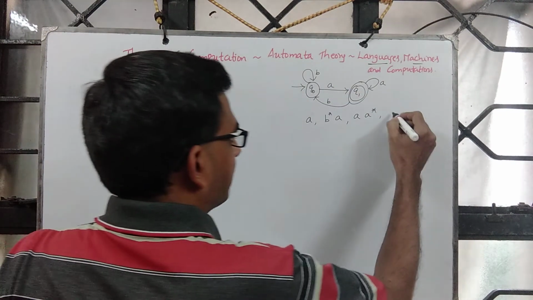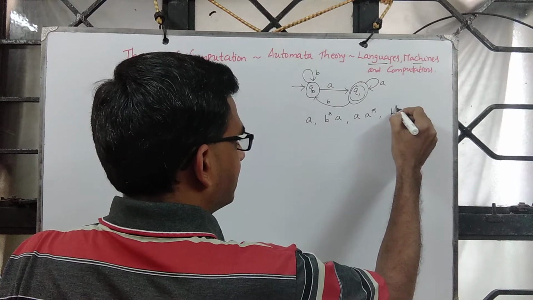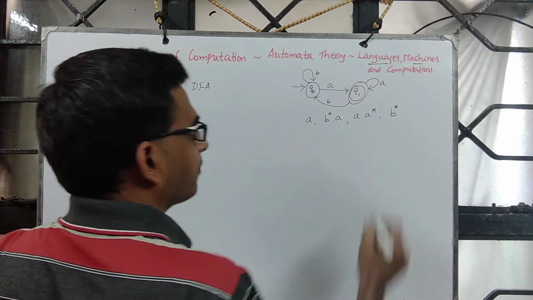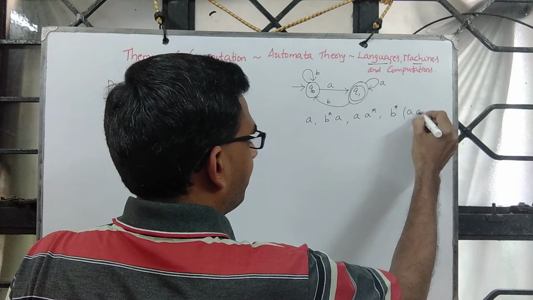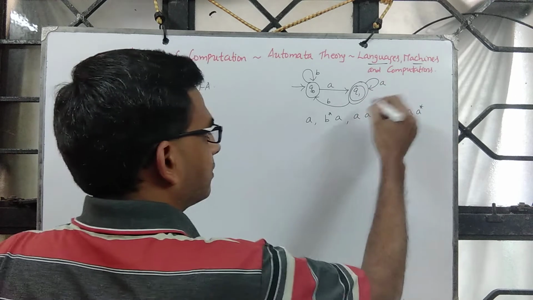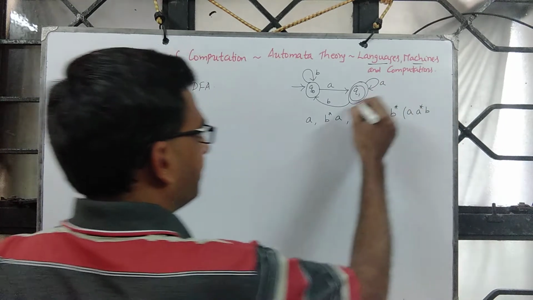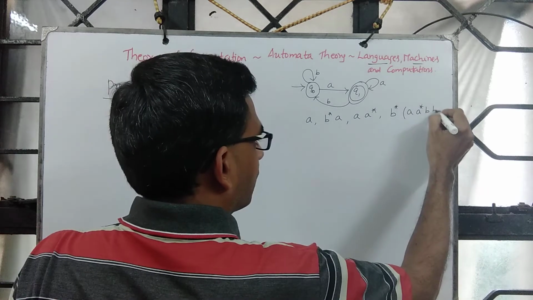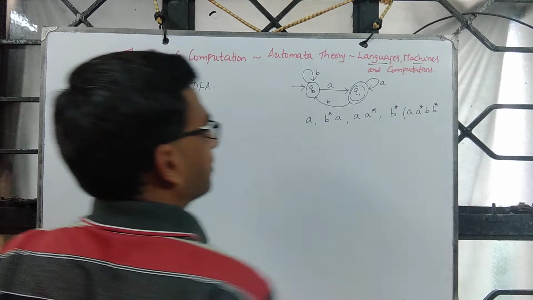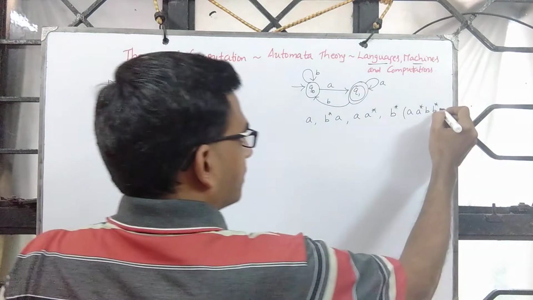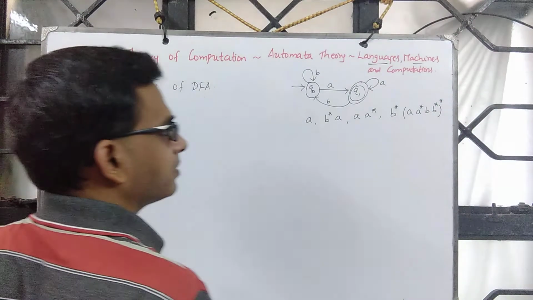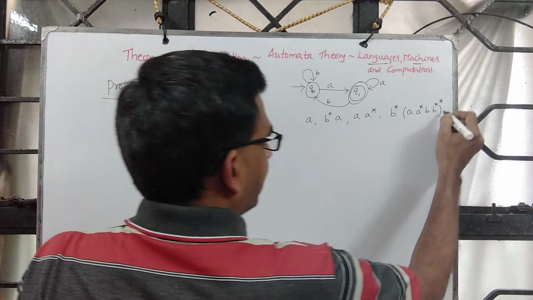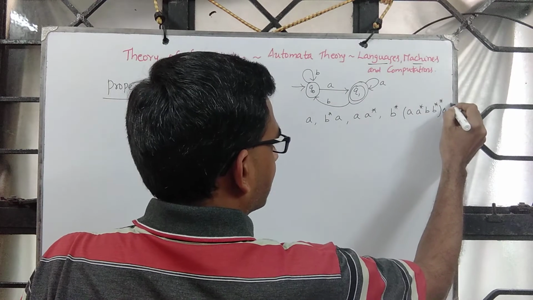or it may so happen that it reads B star, and this pattern can repeat: A star followed by B and followed by B star. This pattern can repeat any number of times followed by A star.